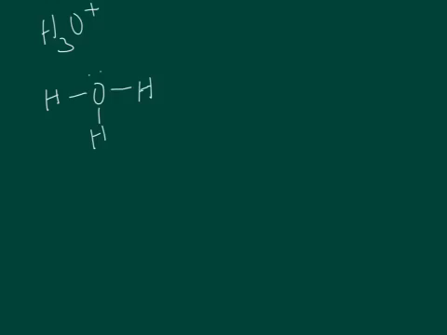So let's have a look at the VSEPR diagram. So as you can see, there are 4 electron groups. Therefore the structure has to be tetrahedral.